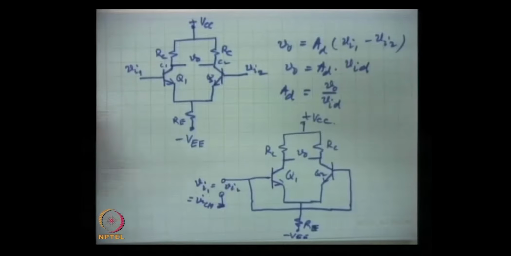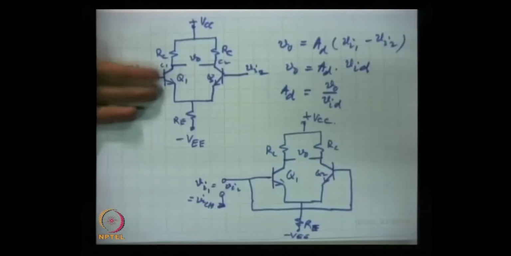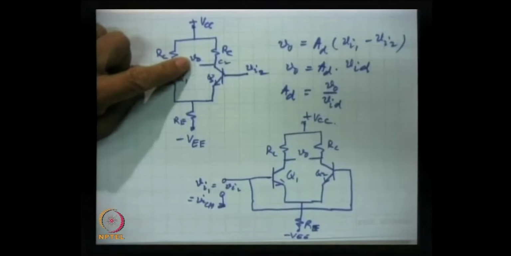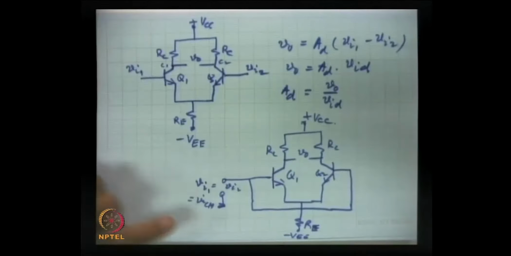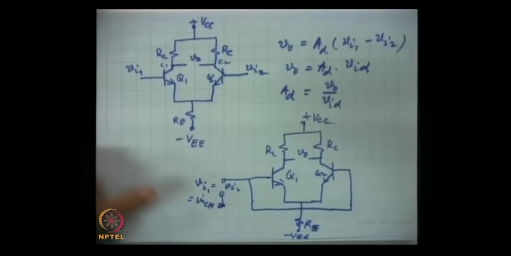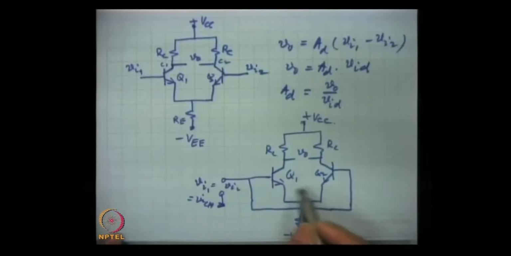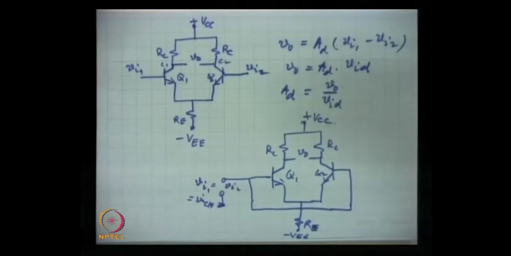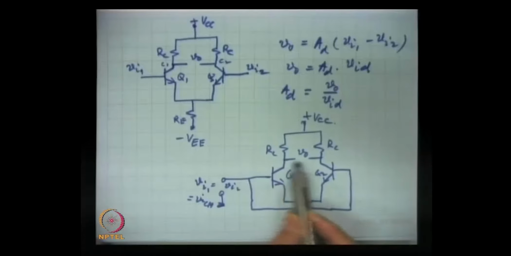So we can use two DC voltages in the first case, differing slightly, measure that difference, and measure the output from the two collectors. In this case we short the two inputs of Q1 and Q2 and apply the same input to both. So this is input in common mode, and we measure the output.